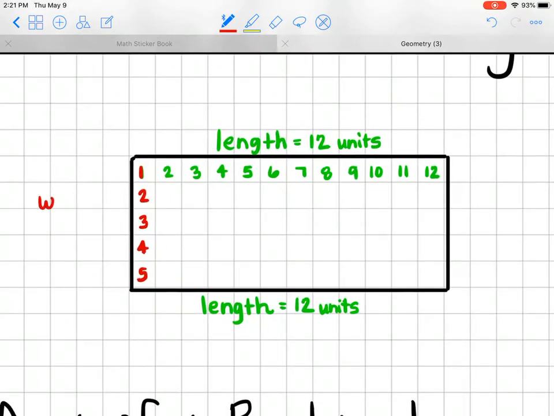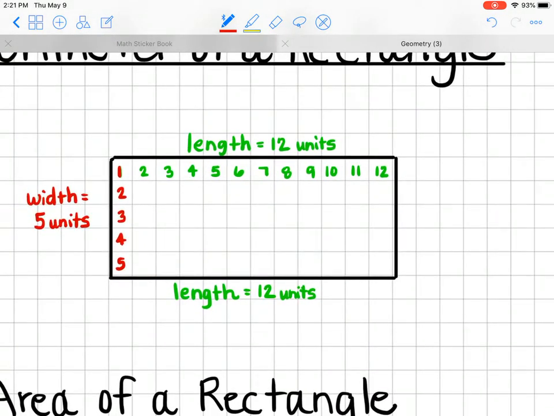So the wide side of the picture is 5 units. And if this side is 5, what can you tell me about this side? It's going to be 5 also. So length is 12, width is 5.